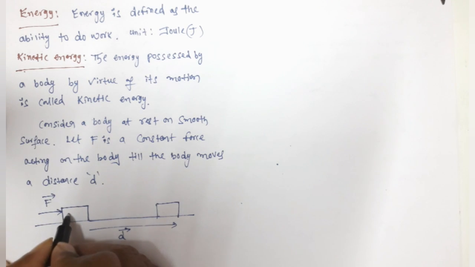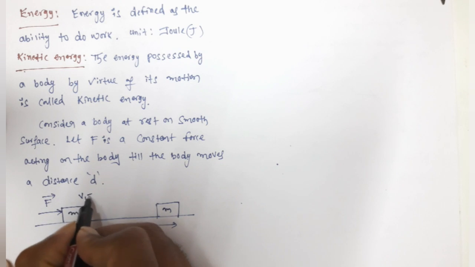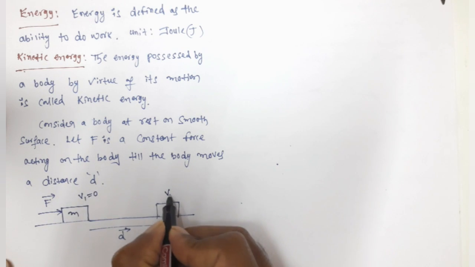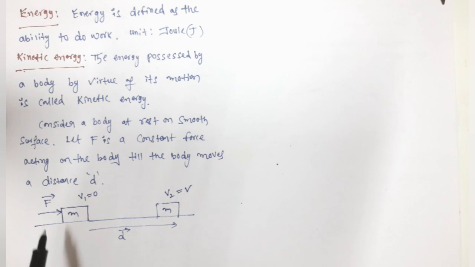Let us assume the mass of the body is m, the initial velocity is 0, and the final velocity v2 is equal to, let's say, some v. So here, when force is constant, what about the acceleration of the body? Acceleration of the body is also constant because acceleration equals F by m.